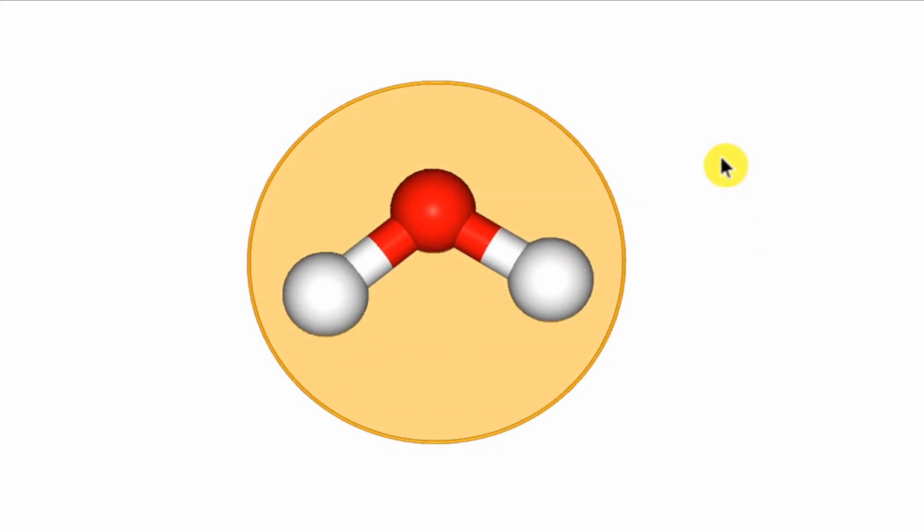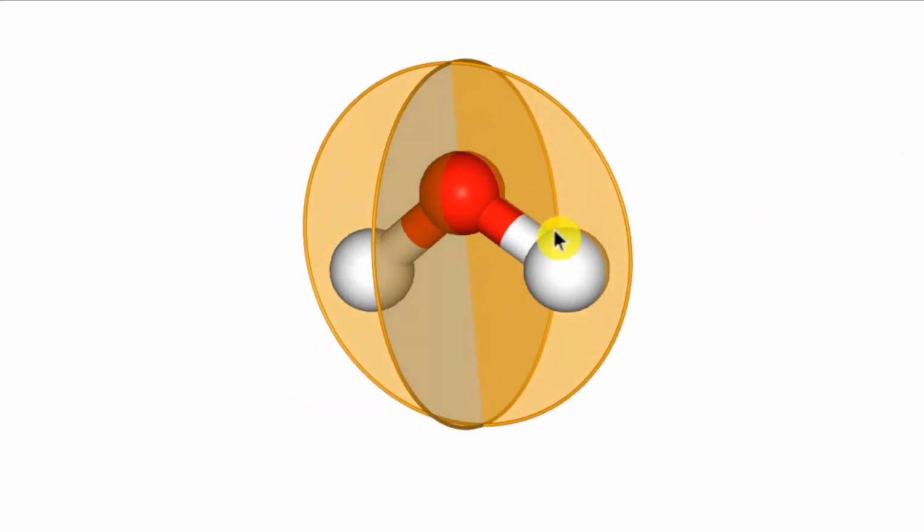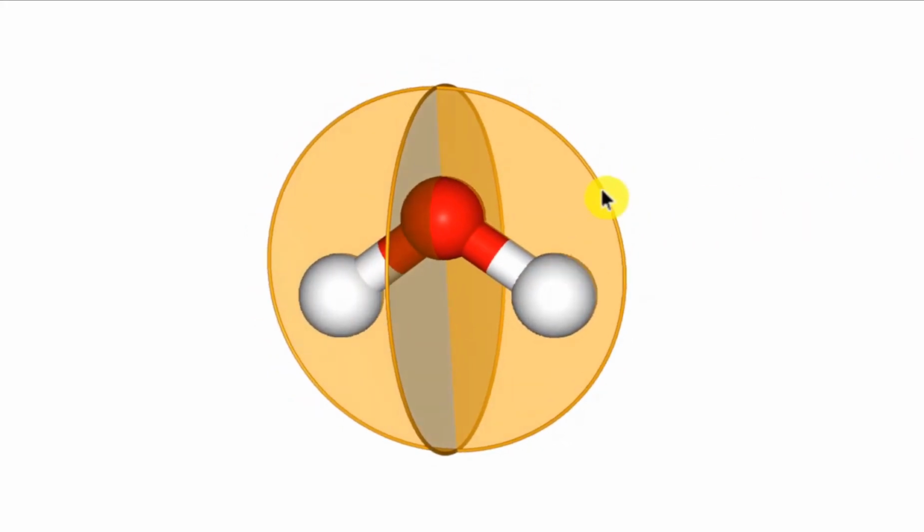So this is the first plane. So one plane is along the molecular plane, and you can immediately assume the other plane which bisects this molecular plane. So it's perpendicular to the molecular plane. So if I draw the second plane, this is perpendicular to the molecular plane.